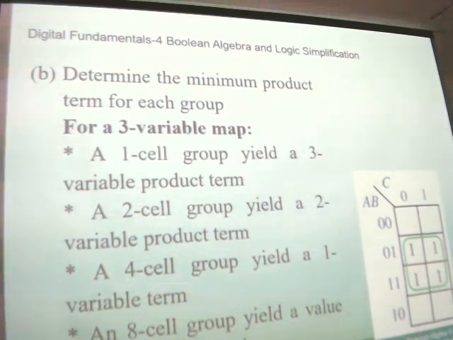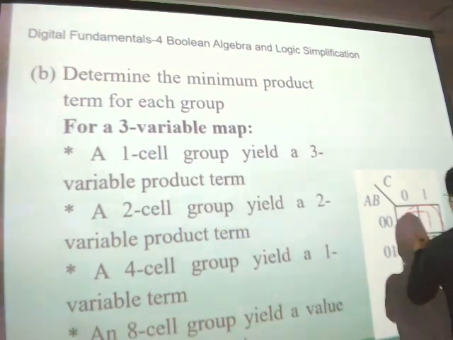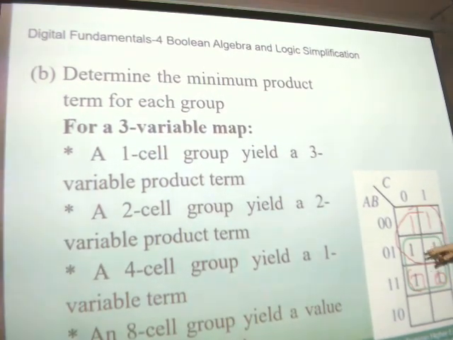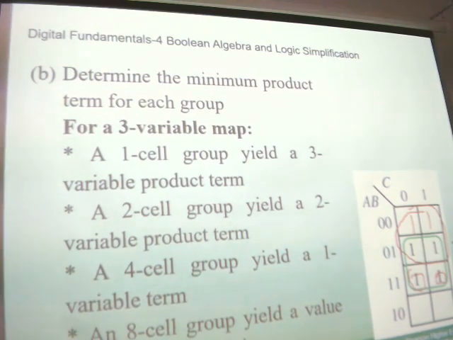If the group includes 4 ones like this, what is the product term? A 4 cell group yields a 1 variable term. If there are 4 ones in the 4 cells, what is the product term?